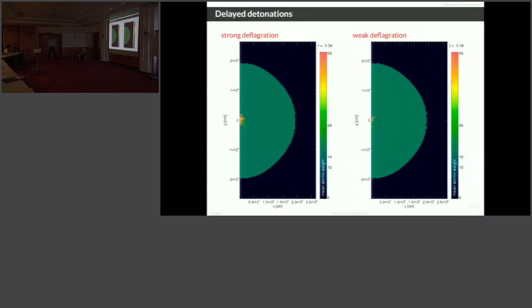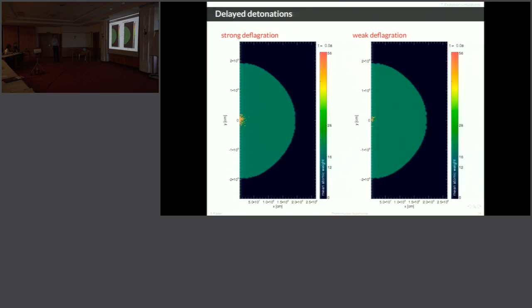An effect that I want to point out here is that, of course, the efficiency of the detonation is set by how strong the deflagration before was in order to expand the star. And in order to illustrate this, I have these two simulations here. So we have the same Chandrasekhar-mass white dwarf ignited in different ignition scenarios for the deflagration.